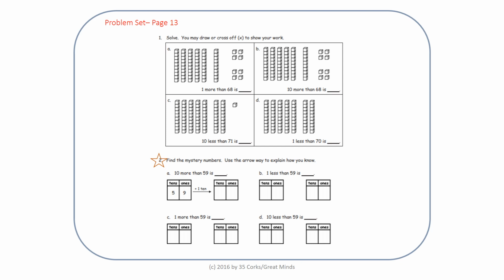A says 1 more than 68 is blank. You'll fill it in and show your work by drawing the picture you need. B says 10 more than 68 is blank. C says 10 less than 71 is blank. And D says 1 less than 70 is blank.